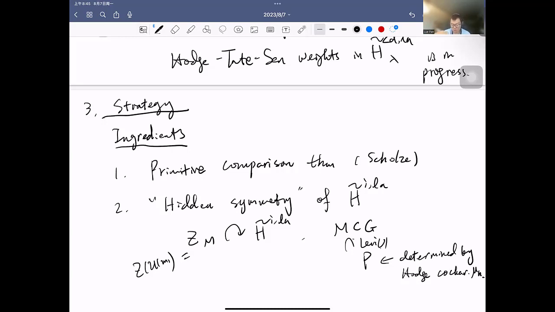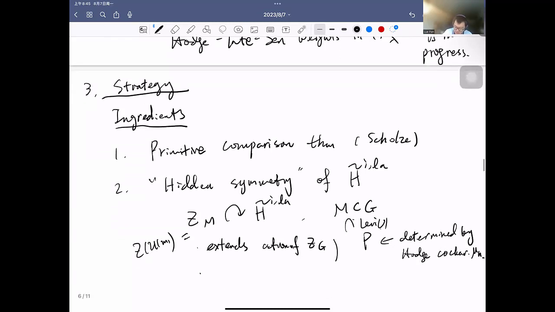So in particular, Z_G acts on it. So the point is that there's a natural action of Z_M which extends the action of Z_G, and second, it actually commutes with G.